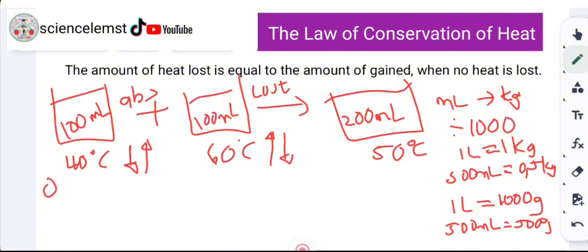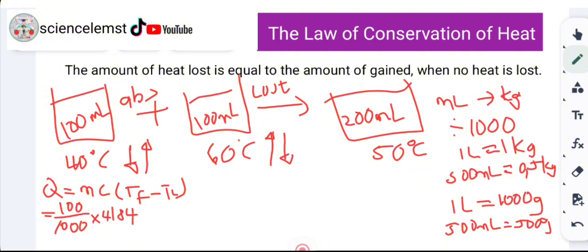So I'm going to have Q equals mc, final minus initial. So I'm going to have 100 divided by 1,000. Because it's water, we know the specific heat capacity for water to be 4184. I wouldn't advise you to cram it because some examiners like to round it off to 4,200.